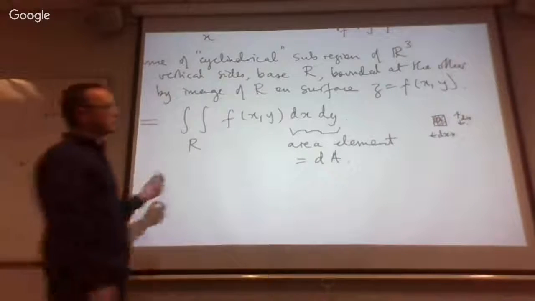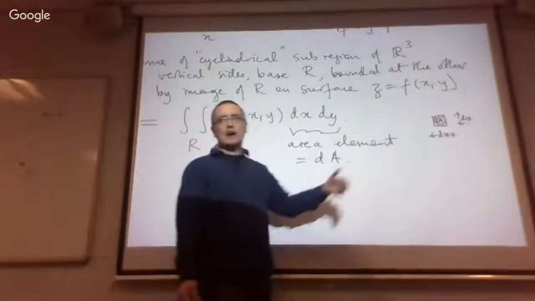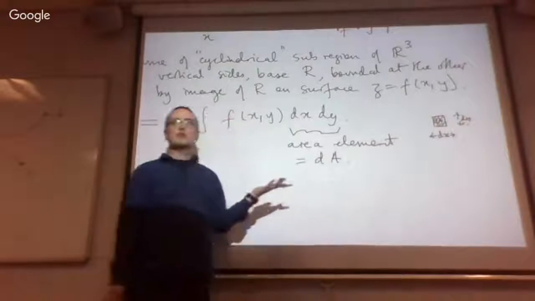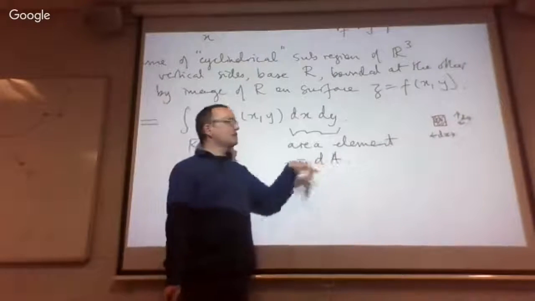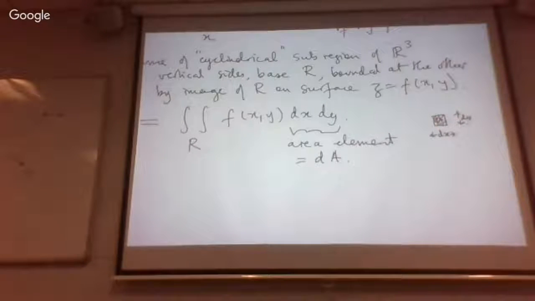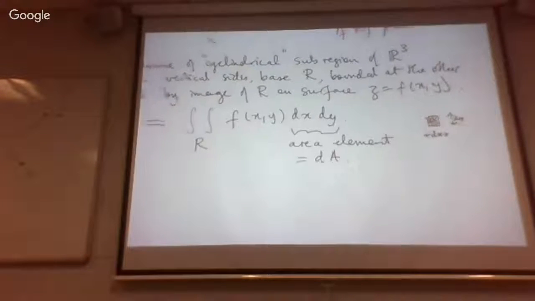But in other coordinate systems, and we'll get onto this in due course, such as polar coordinates, the area element can look different. It'll be a different combination of the differentials of the variables. Okay? But we'll get onto that in due course.